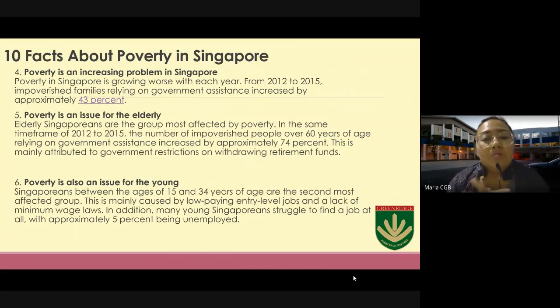All right, so most impoverished people are over 60 years of age, but also we have young people facing poverty because of the low paying entry level jobs that they are applying for.